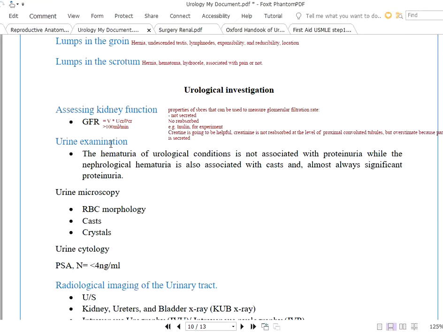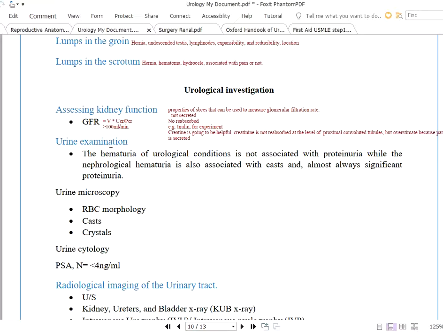During urine microscopy, we can see the morphology of red blood cells. Take an example: red blood cells which come from the glomerulus will have a different morphology, folded, because they have been trying to pass through the podocytes and the basement membrane during the filtration process.